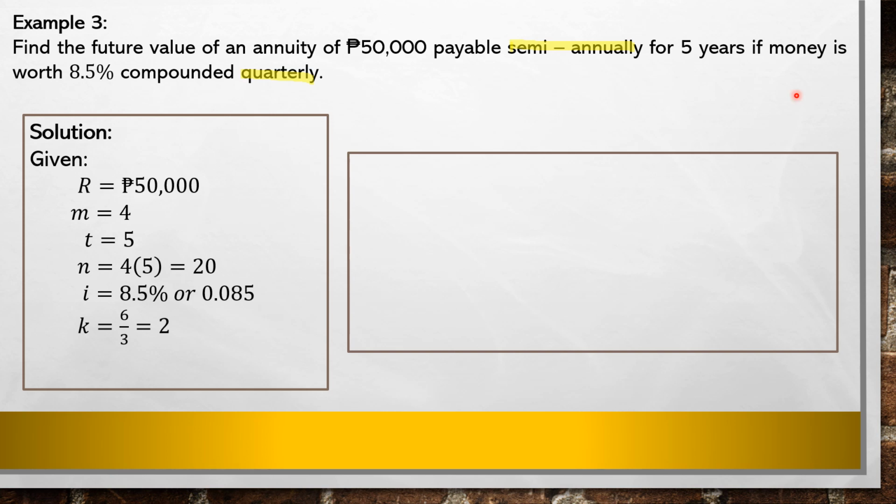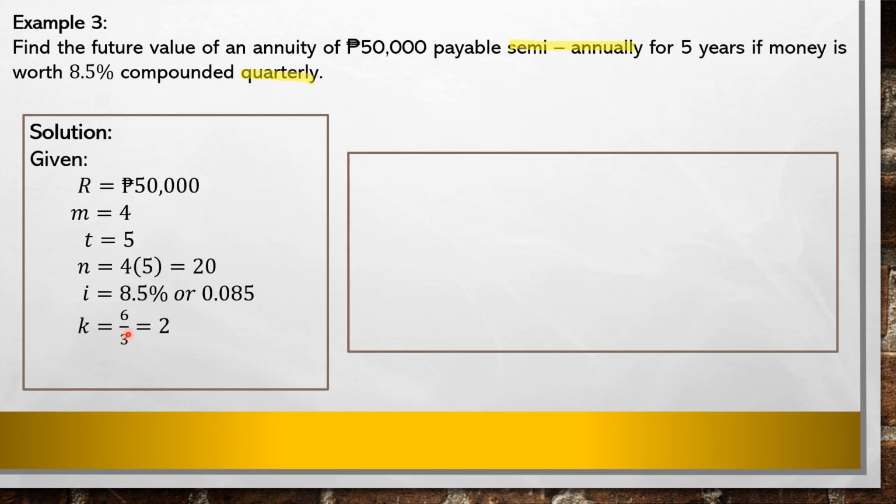The key is we will divide the semi-annual payment period, which means 6 months, by the interest period. Because it is quarterly, that means every 3 months.